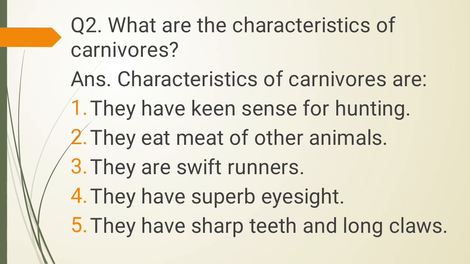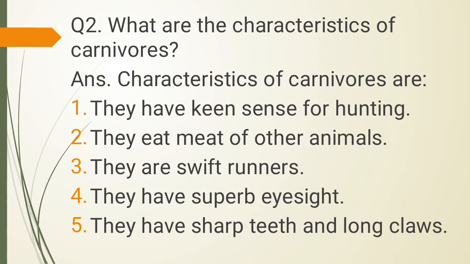Characteristics, CHARACTERISTICS. Characteristics of carnivores are, number 1, they have keen sense for hunting. Means they have a very sharp eye. They keep an eye on the target, when they are weak, when they are vulnerable, when to attack them. So they have a very good sense and good eyesight.